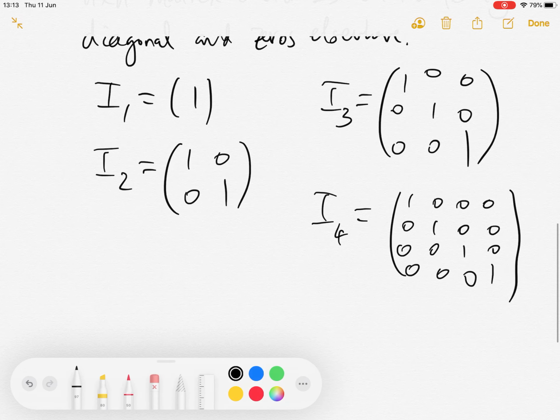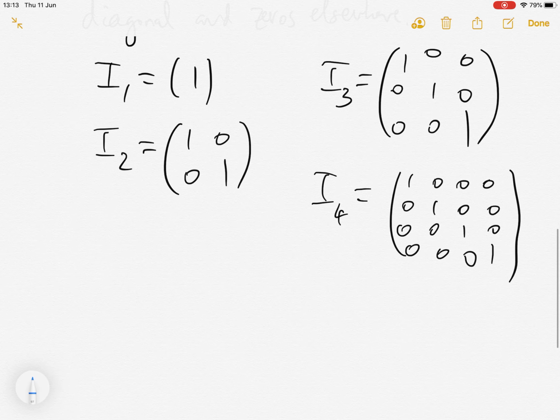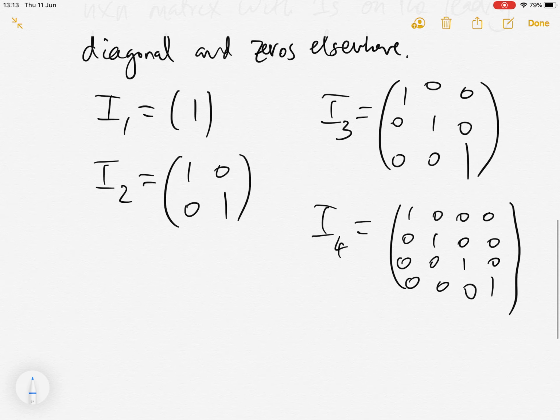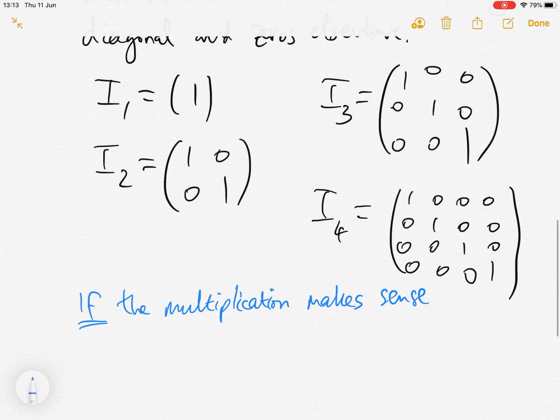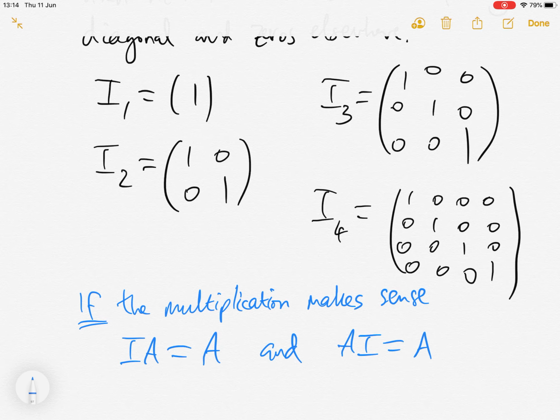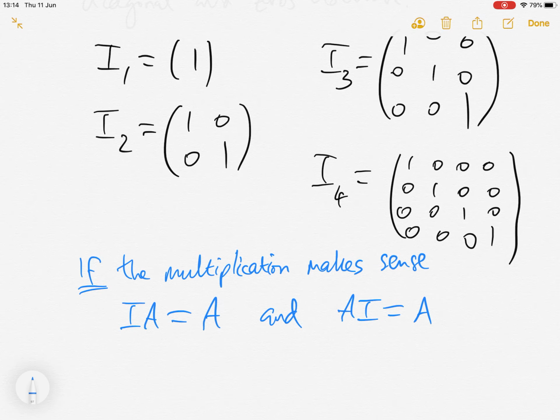An important property of the identity matrix that we'll see later is that if the multiplication makes sense, which it will do for other n by n matrices, but if A is, say, m by n, where m is not equal to n, then only one of these is true, because matrix multiplication isn't always defined.